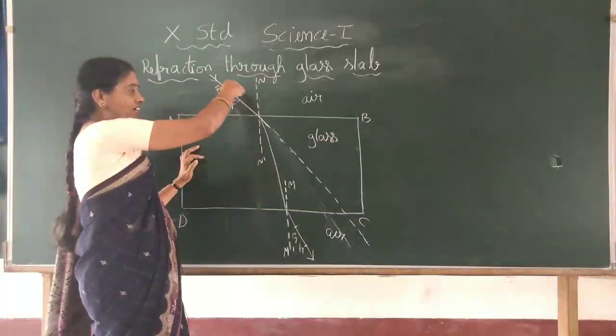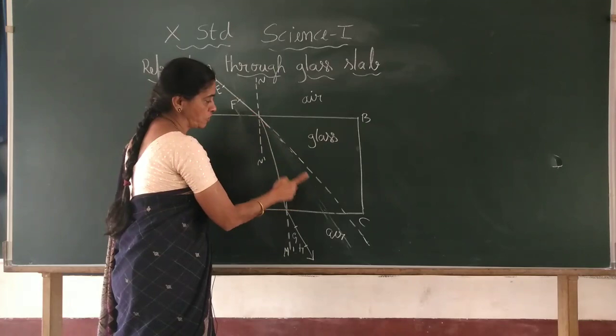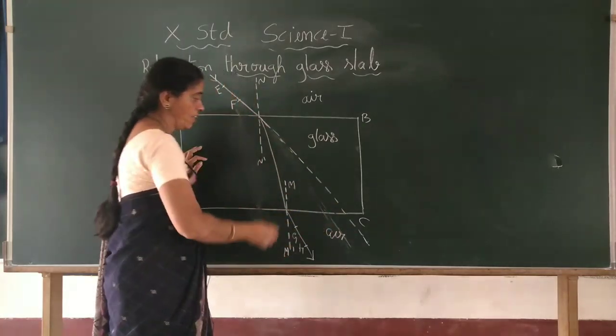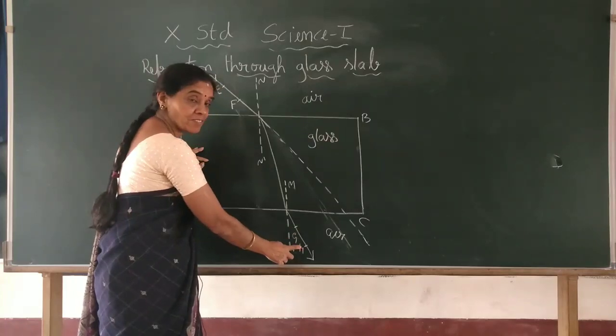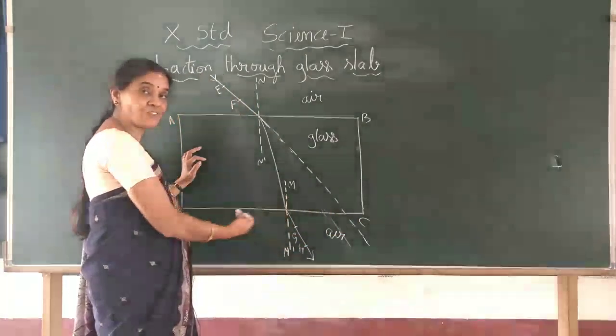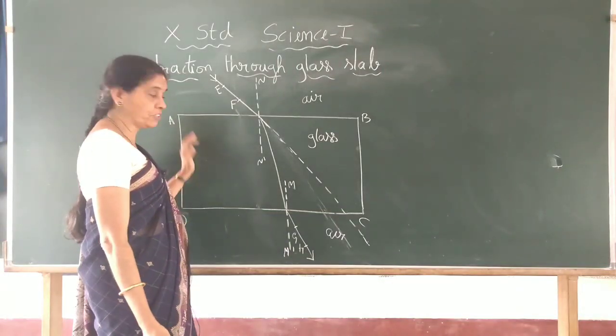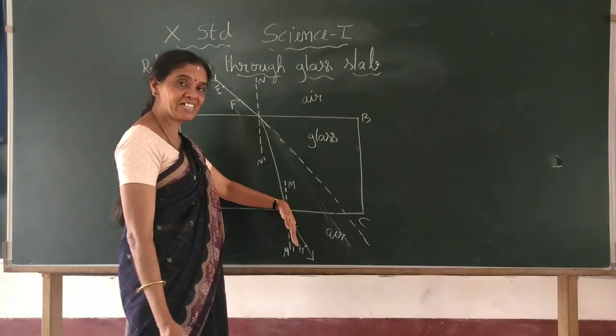If light is traveling in linear motion without changing direction, it should travel that way. But actually, it is traveling from here. From this position to this position, the lateral shift took place. Due to refraction of light, the lateral shift of light has taken place.